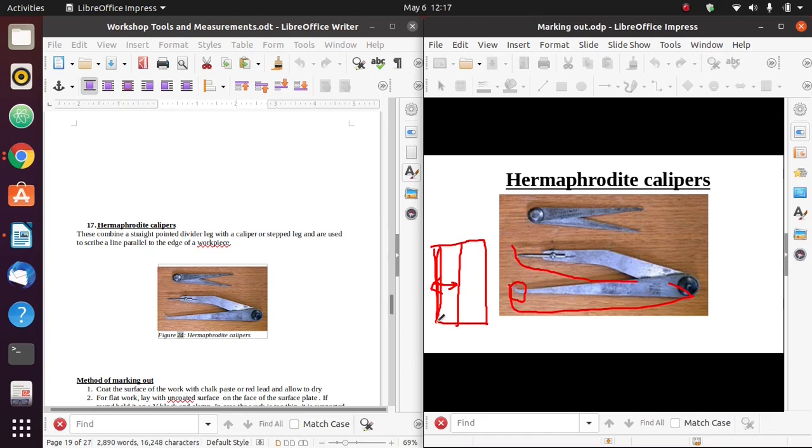So when you attach it to the reference edge, I can move this hermaphrodite caliper along that straight edge, and this sharpened end with the scriber will mark a line that is parallel to the workpiece. We use that for marking parallel lines to the workpiece. Are we together?